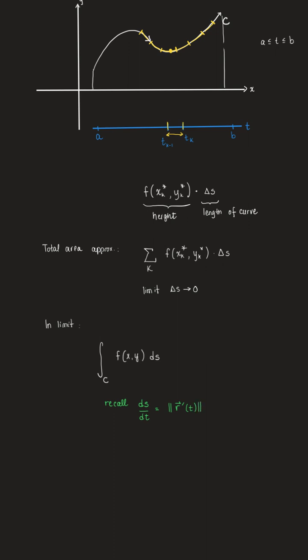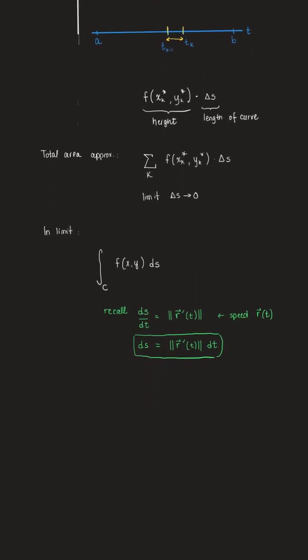These were two ways of representing the speed of our curve r of t. Now, if I multiply both sides by dt, we have an expression for the arc length differential, which will be the speed times a little increment of time. So yes, speed times a very small increment of time is going to give us our little ds, or change in position along the curve.